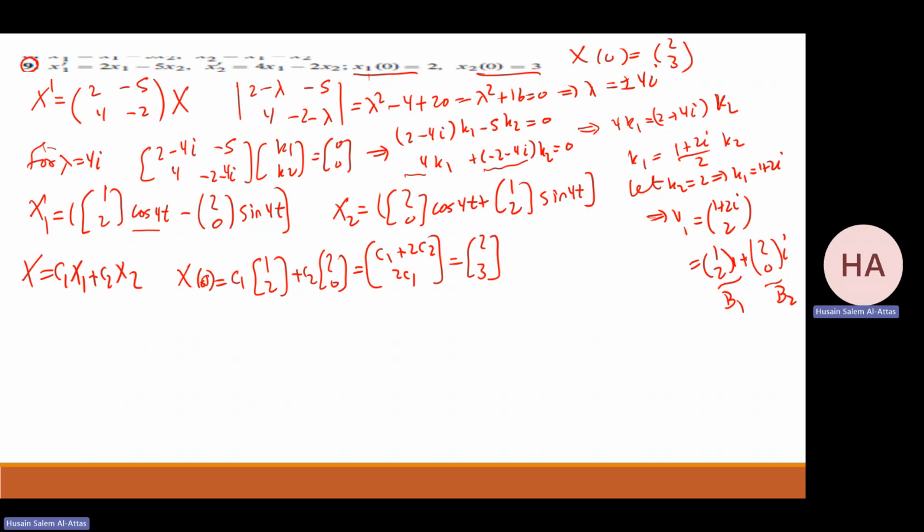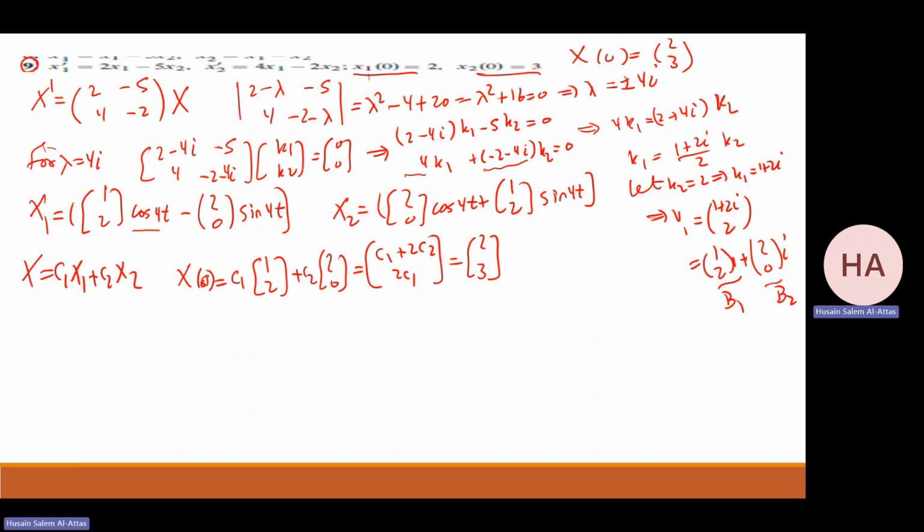Is it correct? 1, 2 and 2, 0. Yes, 1 plus 2i over 2. This is 1, 2, this is 2, 0. So you have C1 times 1, 2, and this is 2, 0.